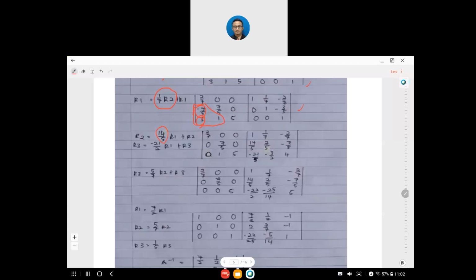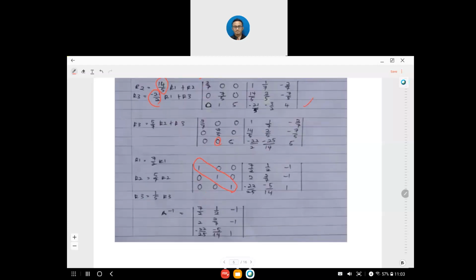And then, row 3 to change row 1 minus negative 21 over 2. Okay, and then you can get this matrix. Until you get zeros here, and then diagonal change to 1.